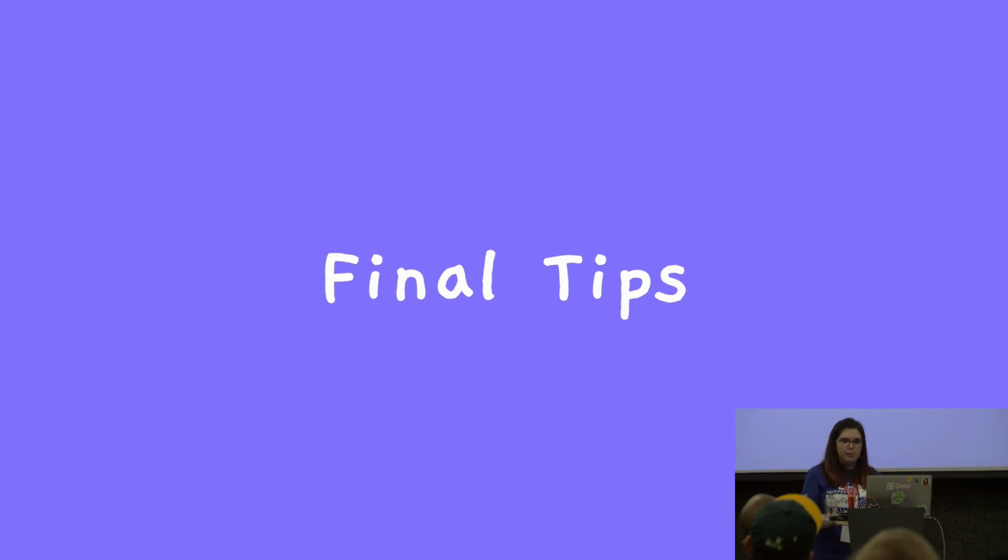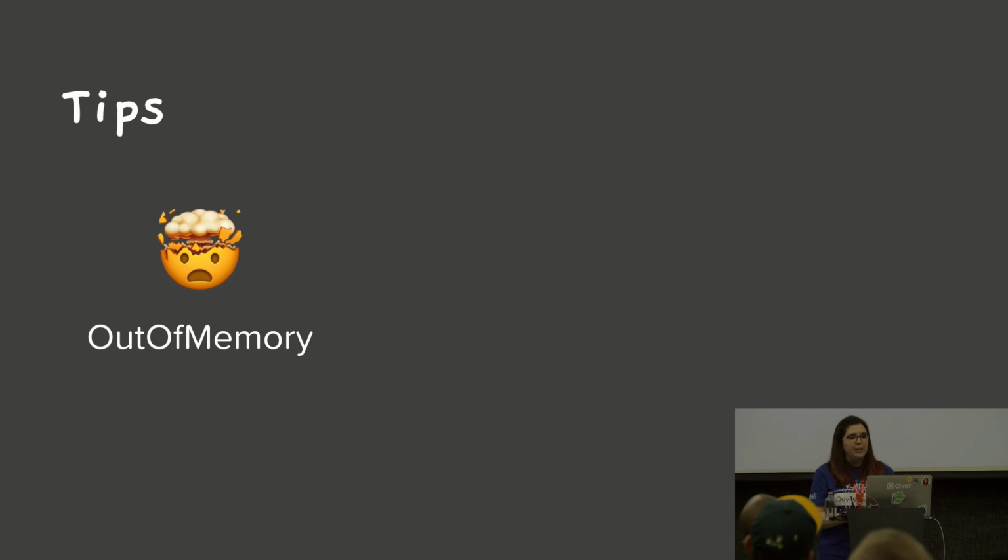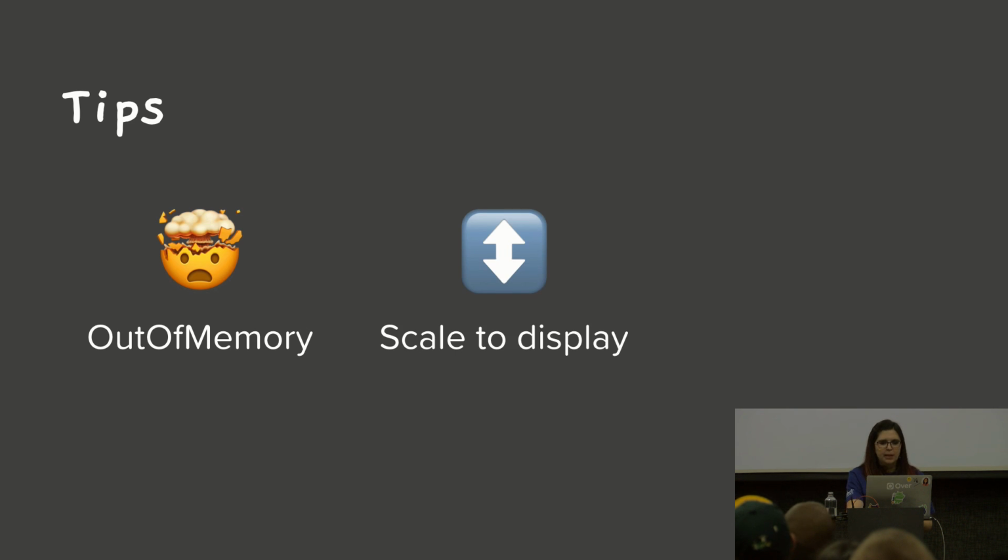Okay, so some final tips for you if you're going to be working with images on Android. The first one is that you're going to run into an out-of-memory exception at some point. So be comfortable with it and make sure you know the things that you can do in order to fix it or make it less likely. Another tip is to scale to display. This one was a really good saving for us.